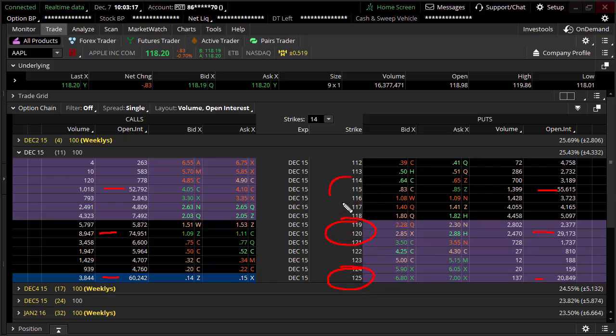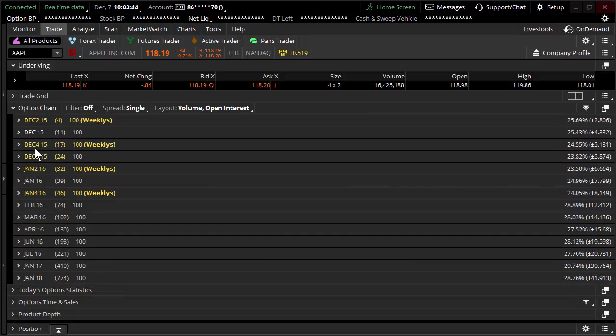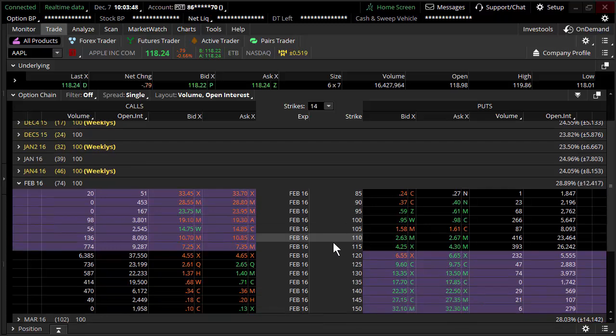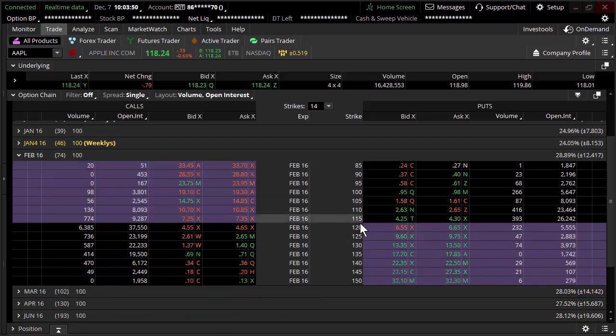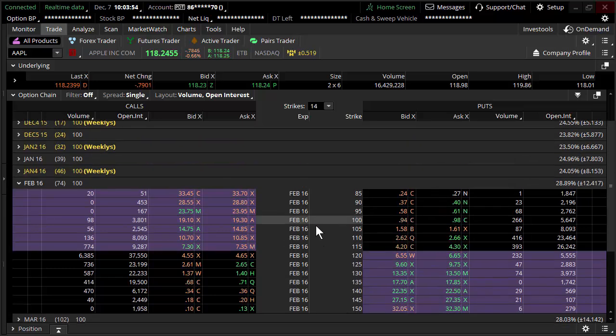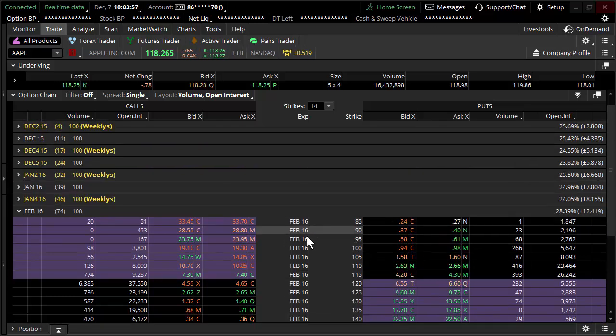Because these strikes have existed for a substantial amount of time. The dollar strikes were only added more recently, and hence they have less open interest. It's one of the biggest myths in options trading. If you open up the February options, kind of ironic, look, February goes 115, 120, 125, 130, and then later on, more strikes will be added. The dollar strikes will be added.